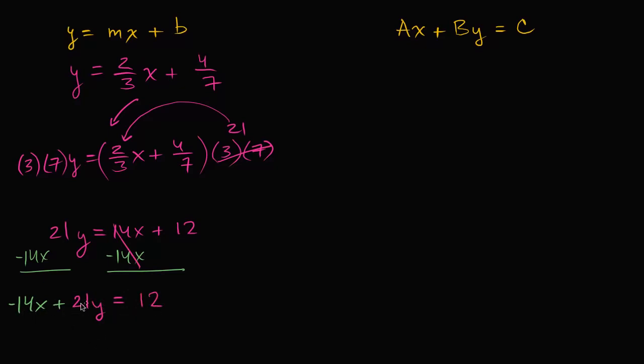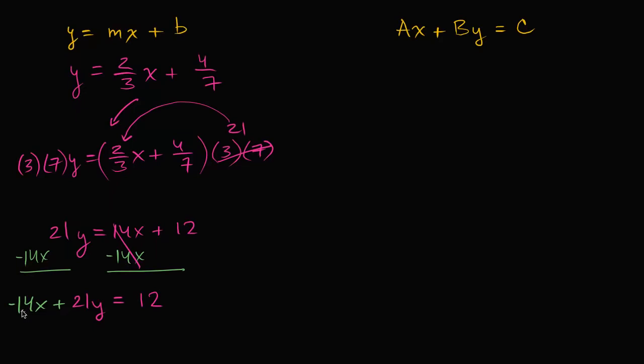Do 14, 21, and 12 share any common factors? 14 is divisible by 2 and 7. 21 is divisible by 3 and 7. 12 is divisible by 2, 6, 3, 4. But all of these aren't divisible by the same number. 14 is divisible by 2, so is 12, but 21 isn't. 14 is divisible by 7, so is 21, but 12 isn't.